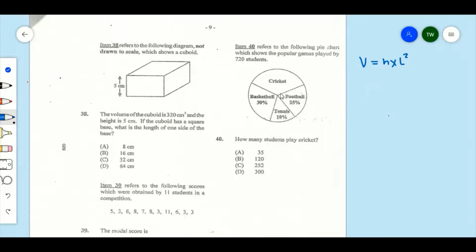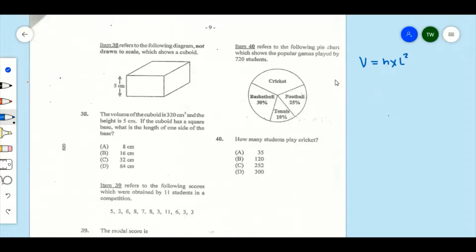And why I use L squared: they tell us that the base of the cuboid is a squared base, which means that all the lengths are equal.